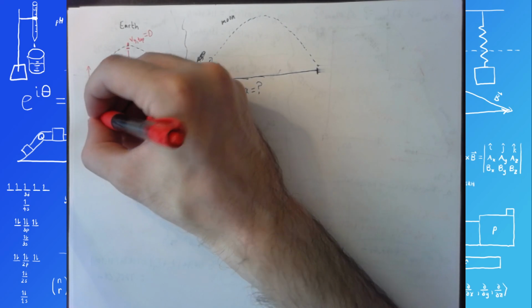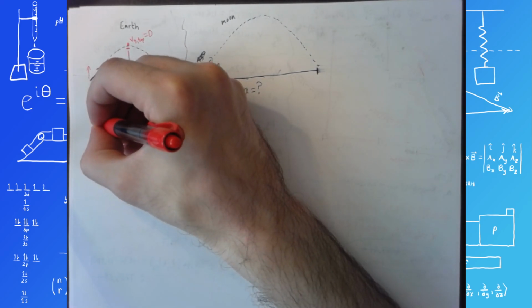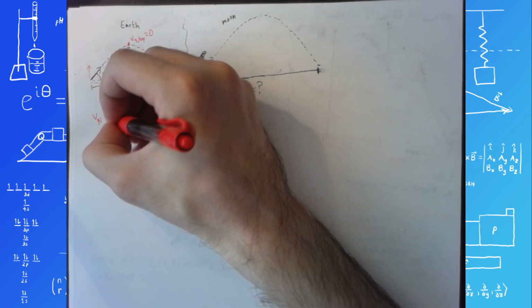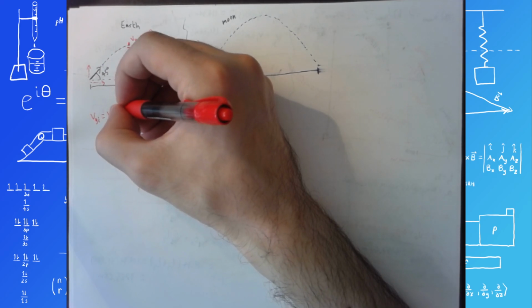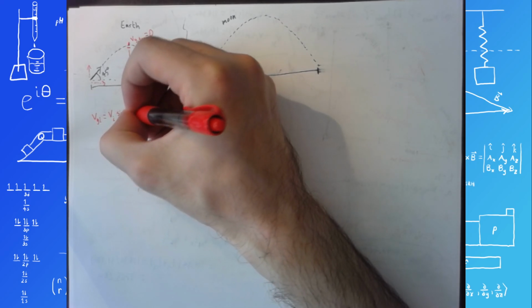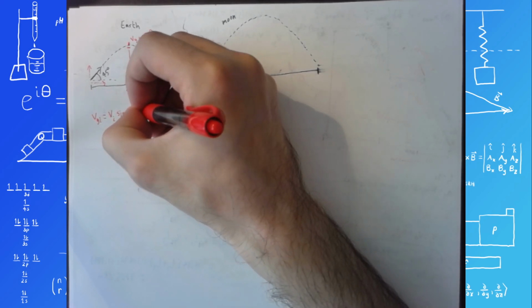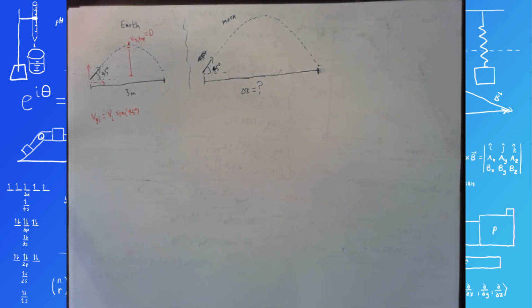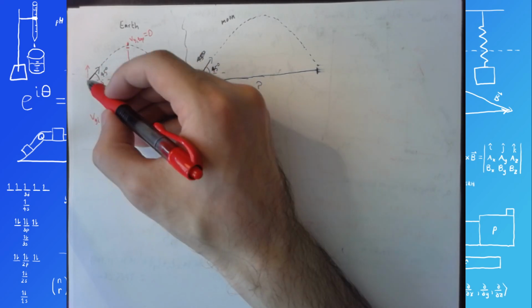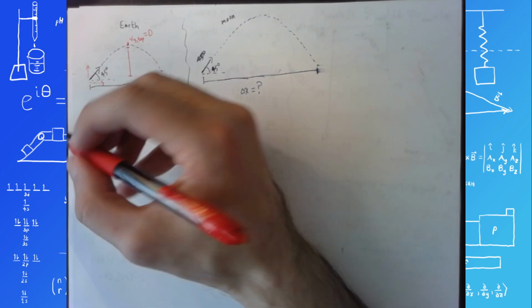So I can say Vy initial is equal to whatever V initial is times sine of 45 degrees. And then I can do, I guess, first equation to calculate the time from here to the top.